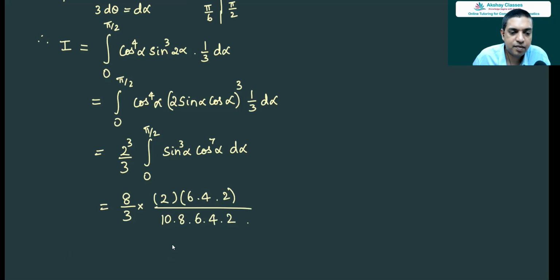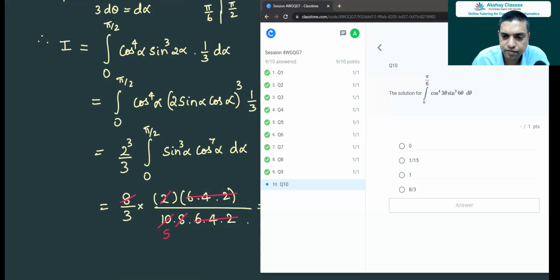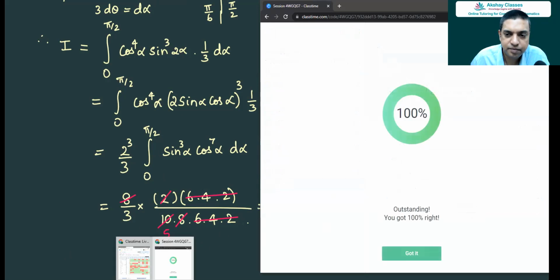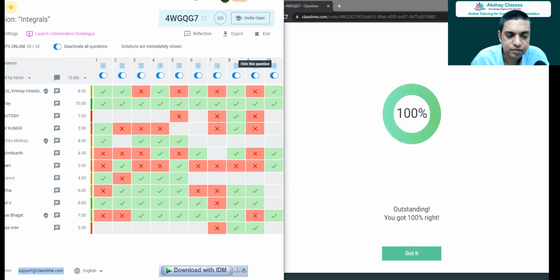So we cancel 642, 642, and 8 cancels, and 2 cancels 10 5 times. So we are left with 1 upon 15. So that is the answer, 1 upon 15. So 1 upon 15 is the correct answer.